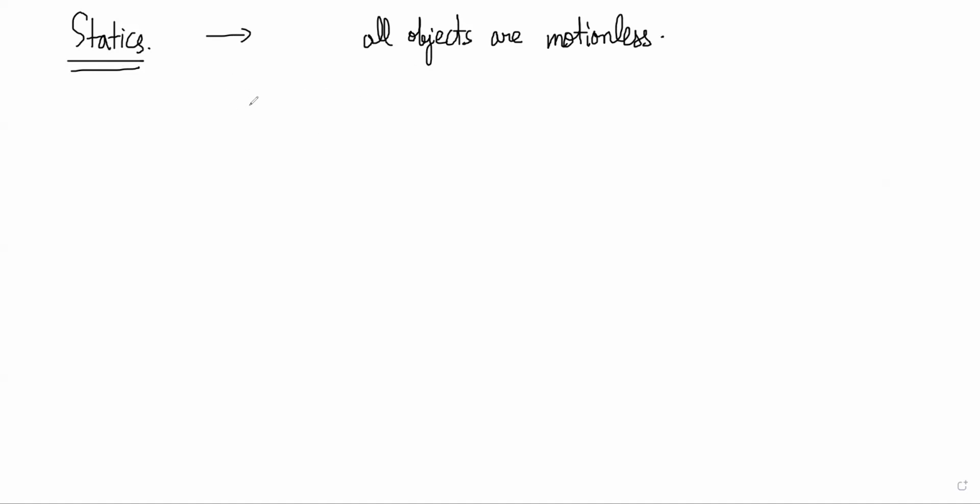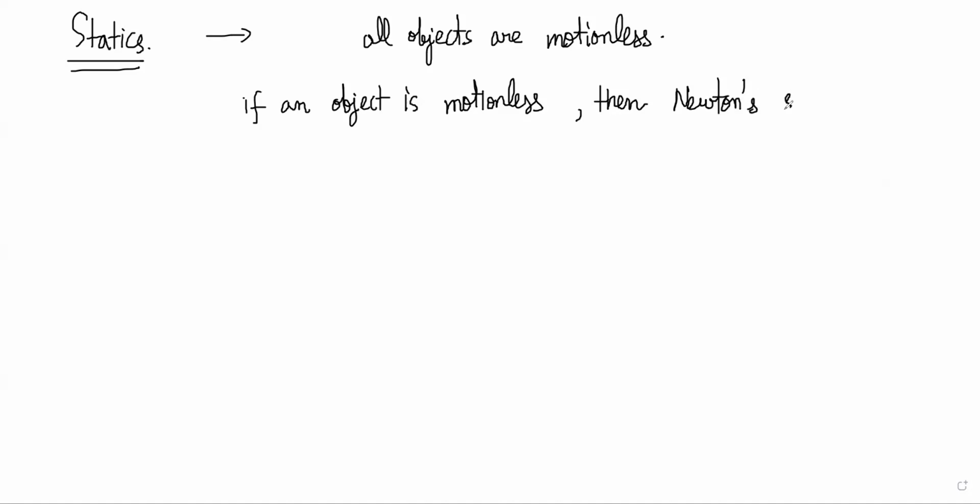And here you have to understand, if an object is motionless, then according to Newton's second law, which we will see later, F is equal to ma, guarantees that the total external force acting on the object must be zero.